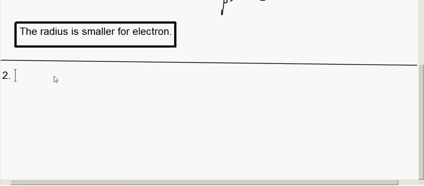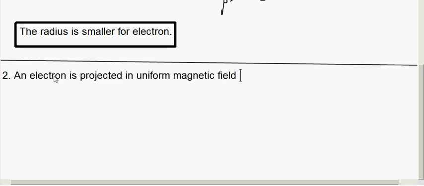An electron is projected in uniform magnetic field parallel, normal, and the third one at some angle theta to its direction.